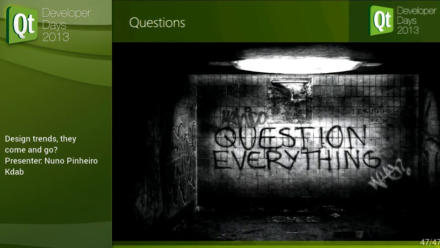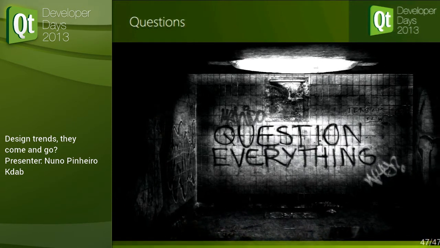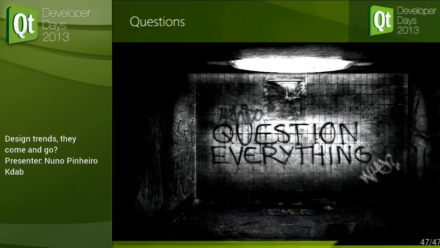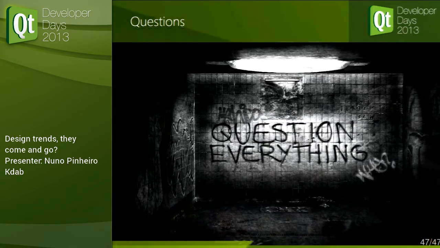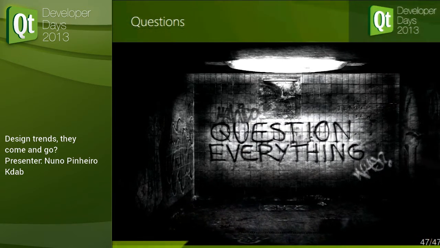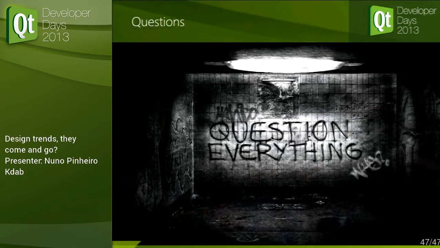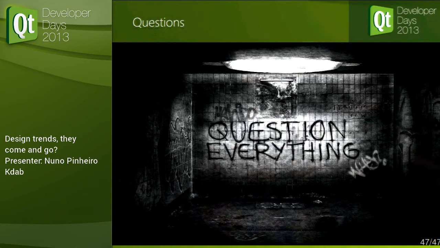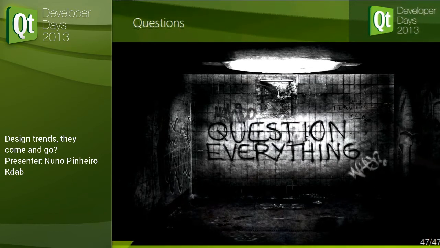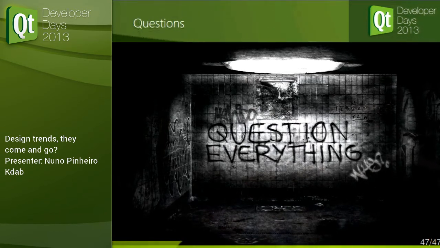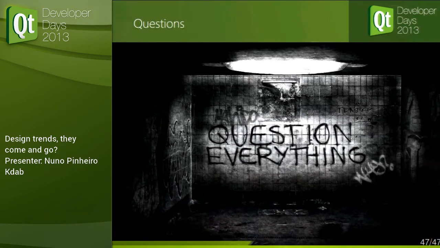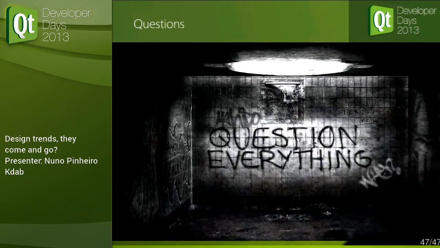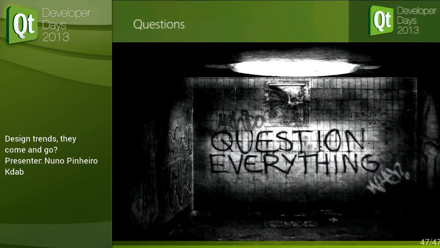Again, Qt helps, and there are things that I don't know what the future will bring. If QML inside the desktop will help, I'm sure it will, but it takes really, really good design to make it work. It's not something that comes out of the box and works. It requires work to make it work.